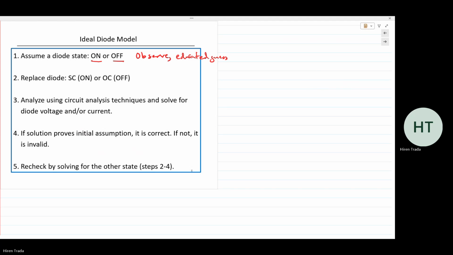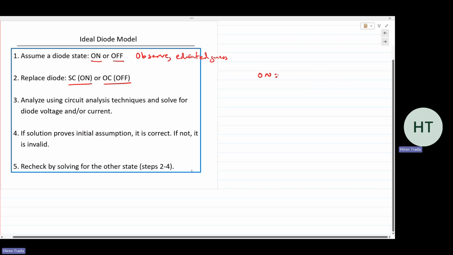Okay. Now, when you analyze the circuit, you can use any circuit analysis techniques you want. And if you assume on, and it's a short circuit, that means current is flowing through in the positive direction. So if it's on, then VD must be equal to 0.